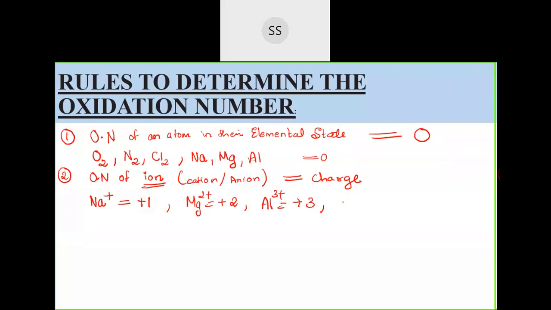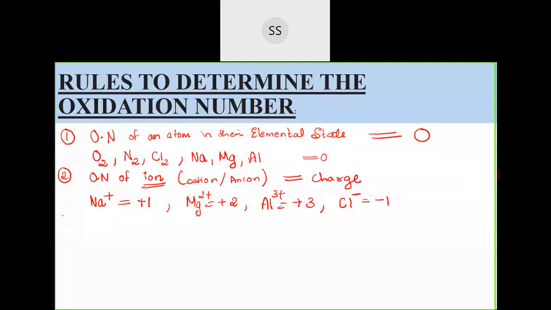Chlorine means chloride, I'm asking for the chloride ion form. It's minus, so it's -1. Good. So if they are in their ion form, whatever charge they carry, that is the oxidation number. That is for the ion.